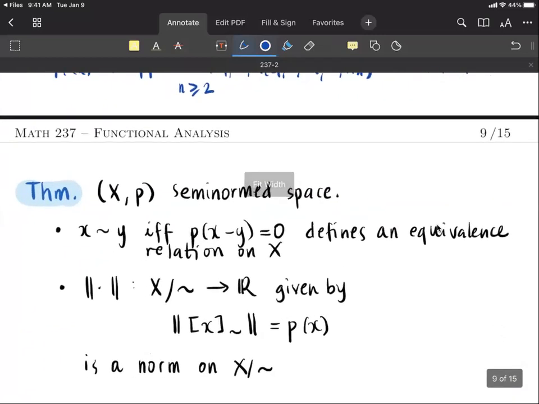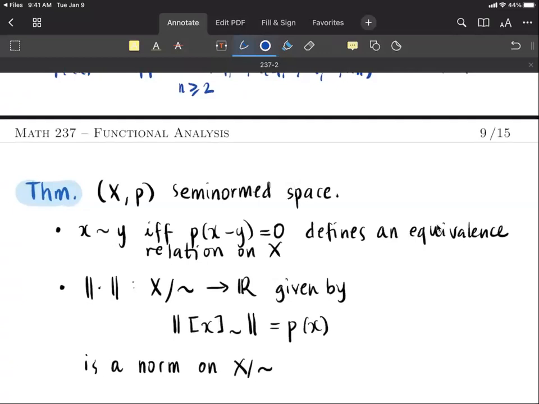Okay. Now, from a seminorm, how do we create a norm? So this is similar to what we have discussed in the case of metric spaces. So you consider an equivalence relation. Two vectors are related if and only if the seminorm of the difference is 0. One can show that this satisfies the properties of being an equivalence relation.